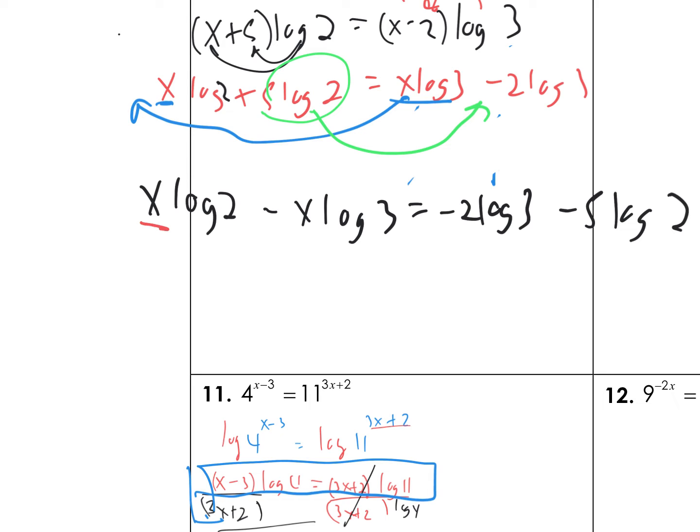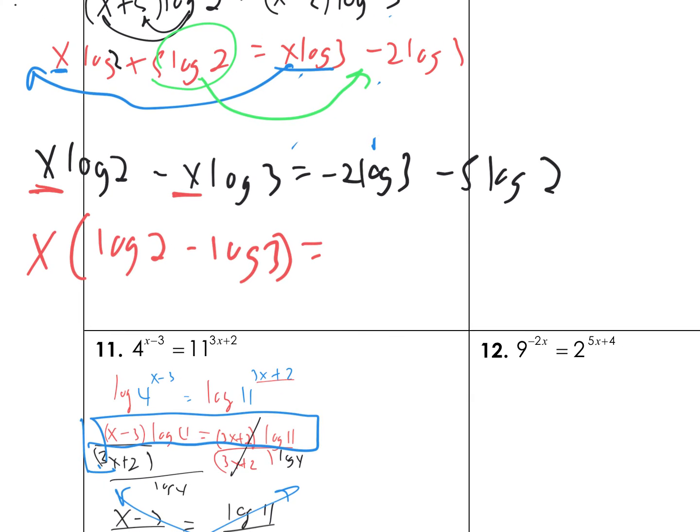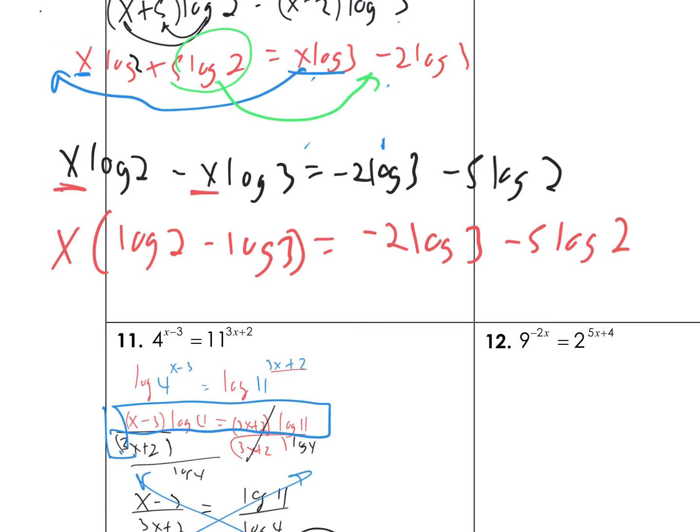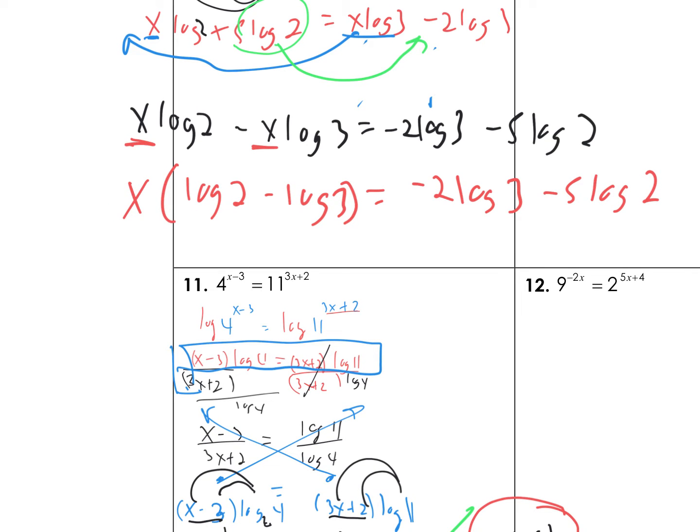Now, the magic happens right now. Both of these have the x that I want, so I use the F word, and I factor out that x, leaving the number log of 2 minus log of 3 equals this right-hand side, minus 2 log of 3 minus 5 log of 2. And I'll do exactly what Jada told me to do a little while ago.